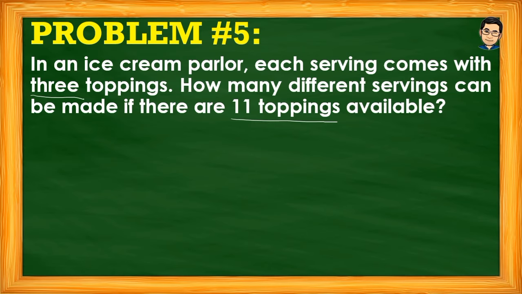Okay, so, syempre, magkakaiba tayo ng gusto. So, 11 toppings yung available, then 3 toppings ang kada serving. So, ibig sabihin, the value of n now is 11, and then r is equal to 3. Take note, dun sa 11 toppings na yon, 3 toppings lang per servings ang ating pwedeng piliin.